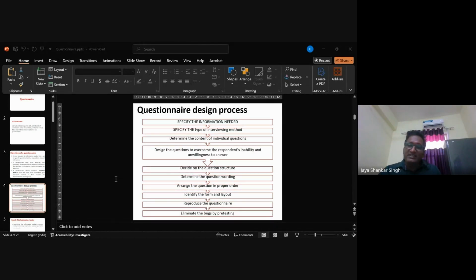Now, the eighth one is identify the form and layout. These are simple. How visually appealing you can make your questionnaire, the navigation, proper navigation, 10% completed, 20% completed, all those things should be visible. Okay. You should be consistent with your font size and spacing, clearly marked sections, logical flow of questions, so that is important, already discussed. आपने description नहीं दिया questionnaire में.